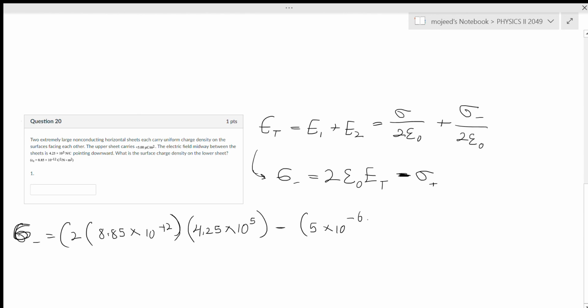Since it's micro, it's one millionth, times coulombs per meter squared.